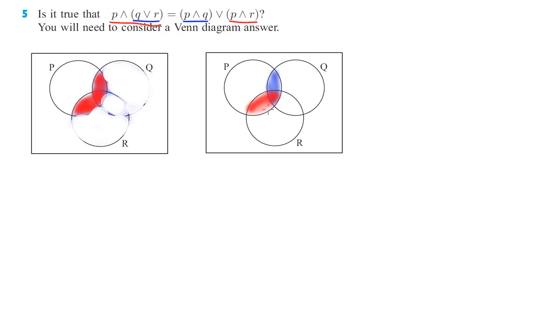So there's P and Q and then P and R. So really this middle here is kind of purple because it's blue and red combined. Okay, and then now we want to do P and Q or P and R. So really that's all of these sections together here. And so this shows that these are the same exact regions that are being shaded.